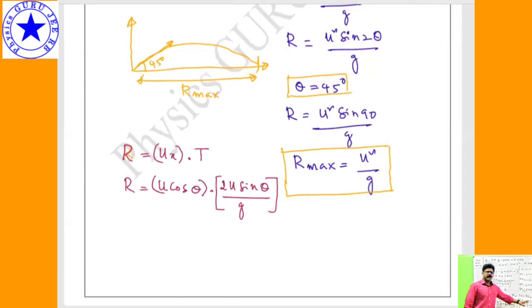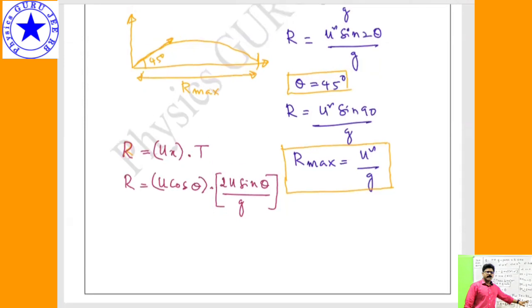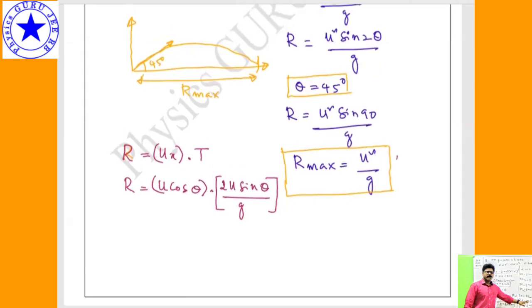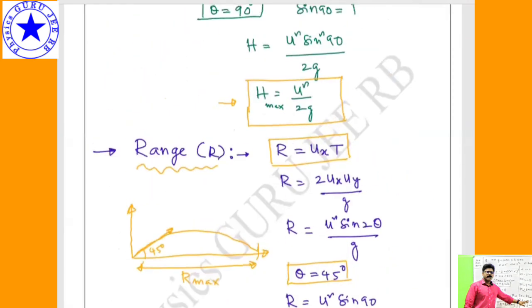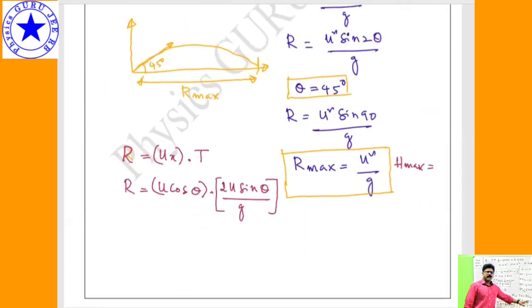Now, if you want to find a relation between H maximum and R maximum, we can write like this. If this is R maximum, what is H maximum? H maximum means you have to project vertically upwards, that is u square divided by 2g.